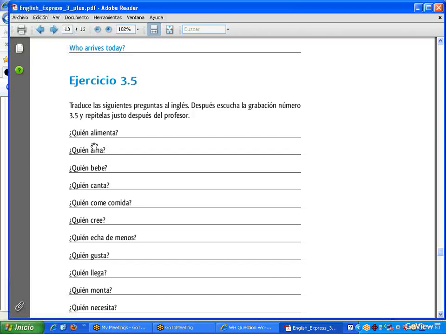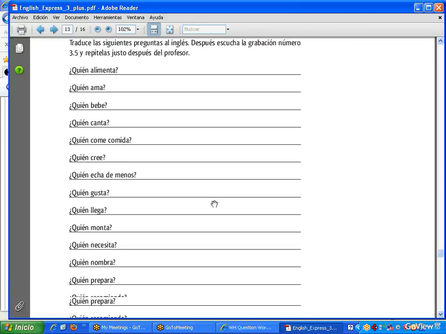Or who eats food? Who believes? Who misses? Who likes? Who arrives? Who needs? Okay, it's very easy. Very, very easy. Who sees? ¿Quién ve?